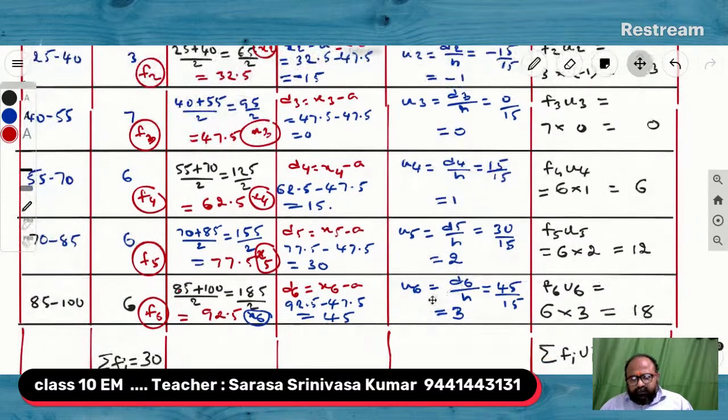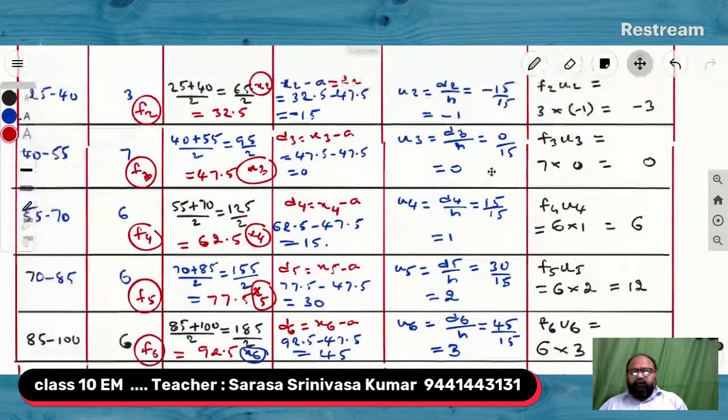Next, we calculate u6. u6 equal to d6 by h. d6 is 45, h is 15. 45 by 15 equal to 3.